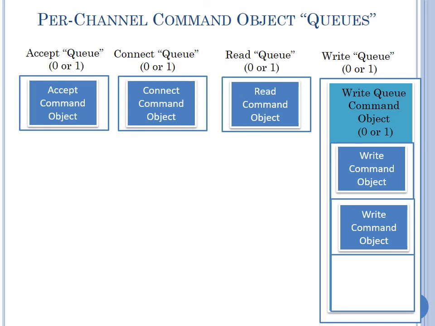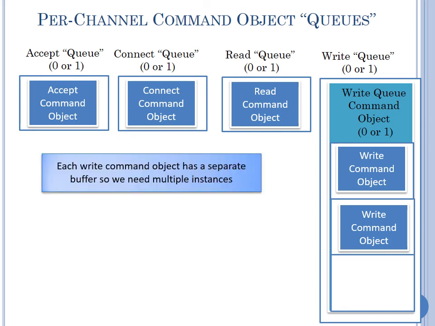But they're all collected together under one write queue object. Okay, so there's a write queue object, and it has sub-objects. So it itself is a queue object because it contains other objects. So this is a hierarchical situation. And this object exists because we want to process all write commands atomically.